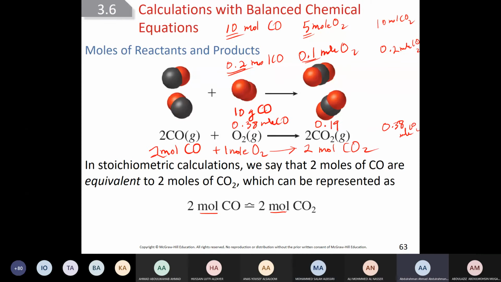Now, how many grams of oxygen do I need? I have this mole. How many grams of oxygen do I need?